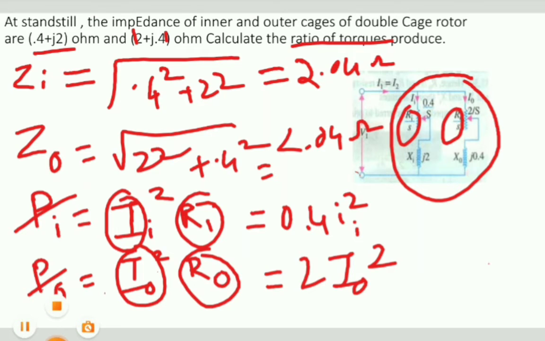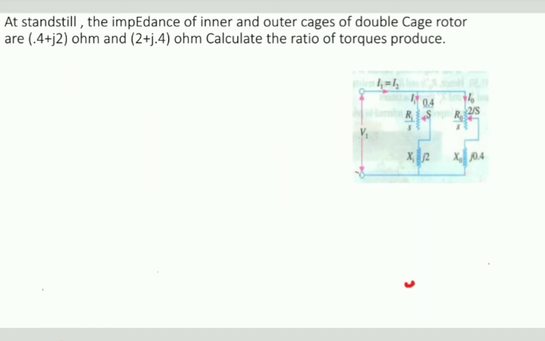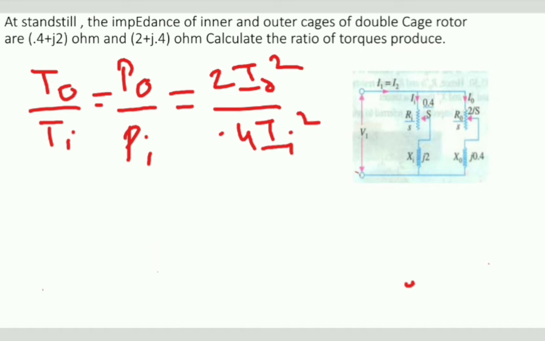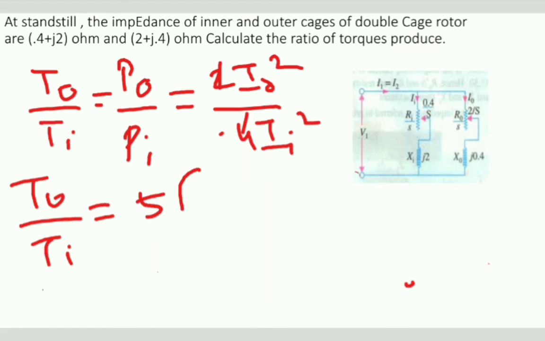Now we find To by Ti, the outer cage torque by the inner cage torque. Since torque and power are proportional, we can say it is Po by Pi. We found Po is 2 Io square and Pi is 0.4 Ii square. When we divide this, we get To by Ti equal to 5 times Io by Ii, squared.